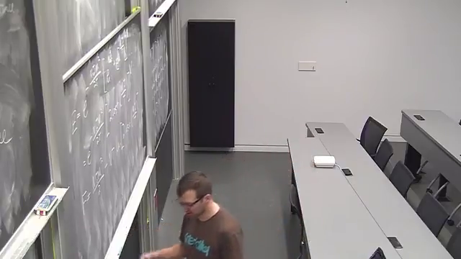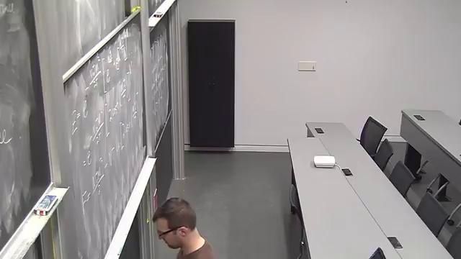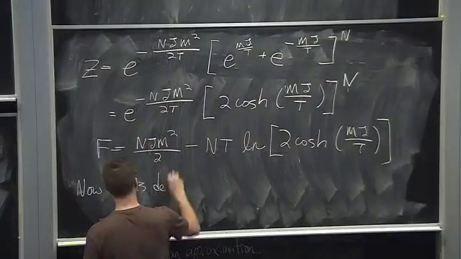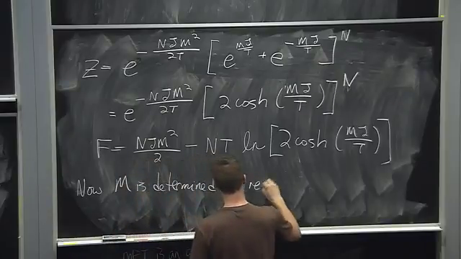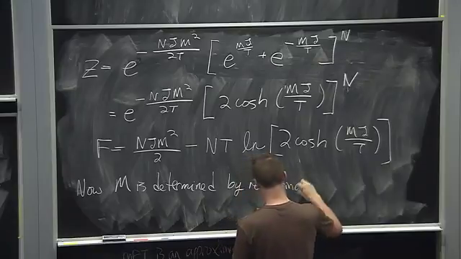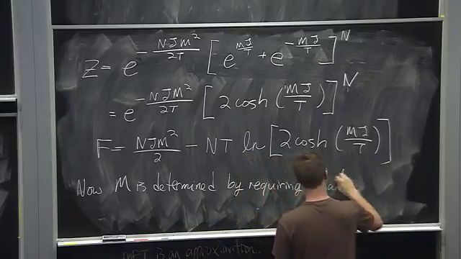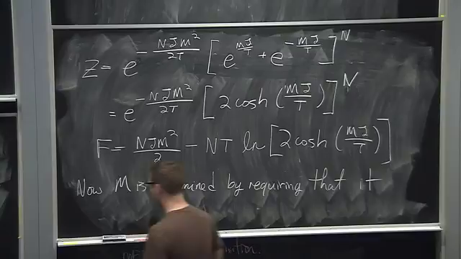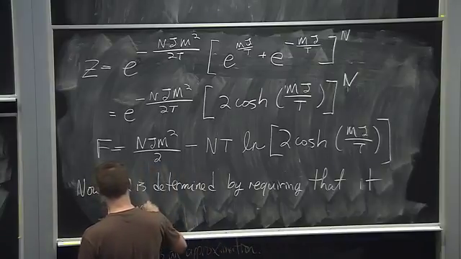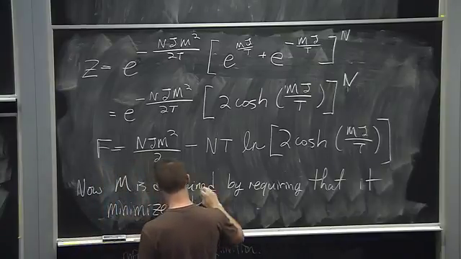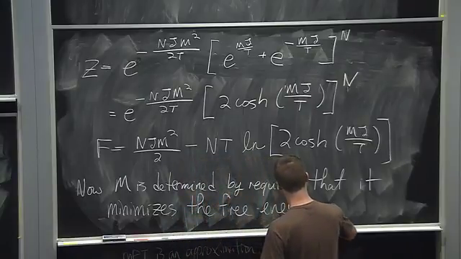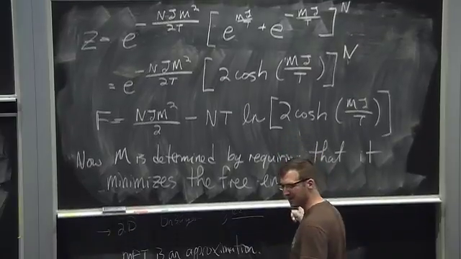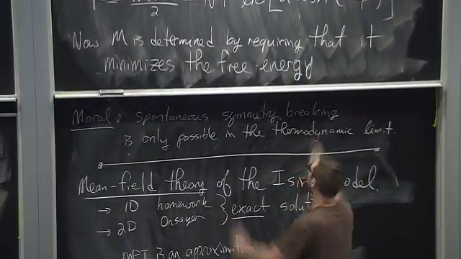So we can calculate m from this equation. It's like saying this is the most probable value or the most probable m.